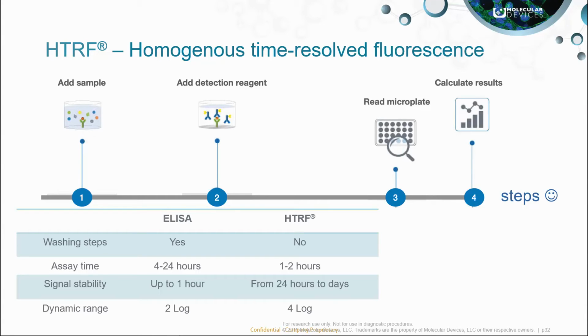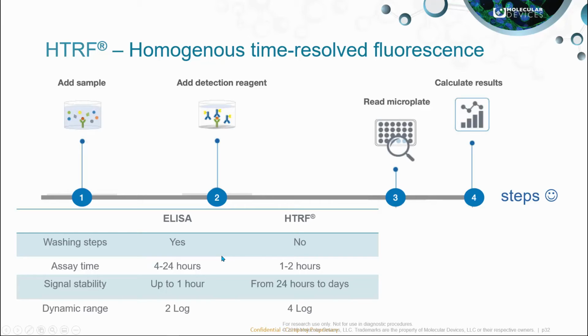Let us start with HTRF, which stands for Homogeneous Time Resolved Fluorescence. As you can see in this workflow, in this case, no washing steps are needed. Also, the assay time is shorter, only 1 or 2 hours, in comparison to an ELISA assay, which is between 4 hours and 24 hours.